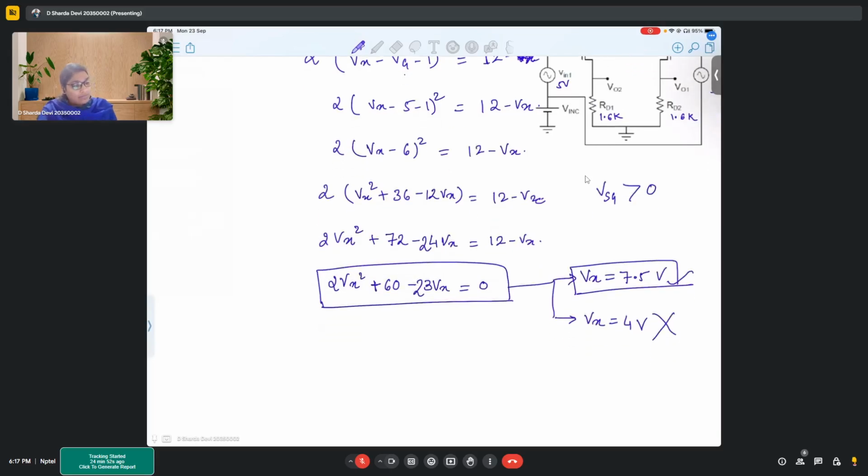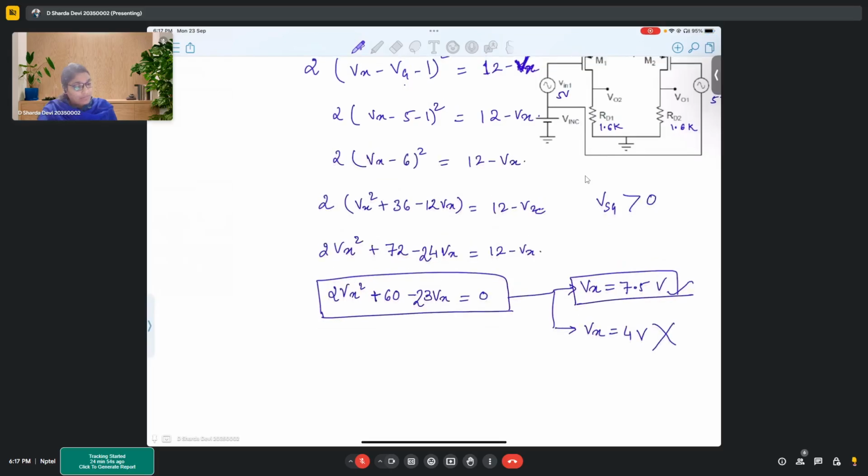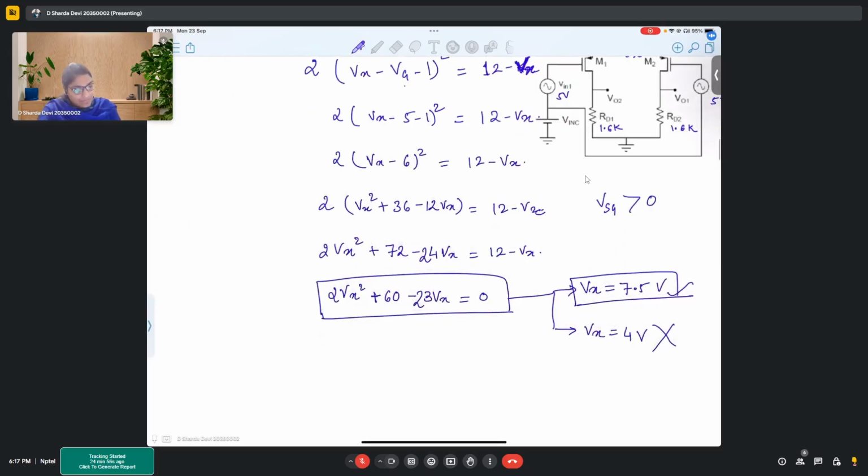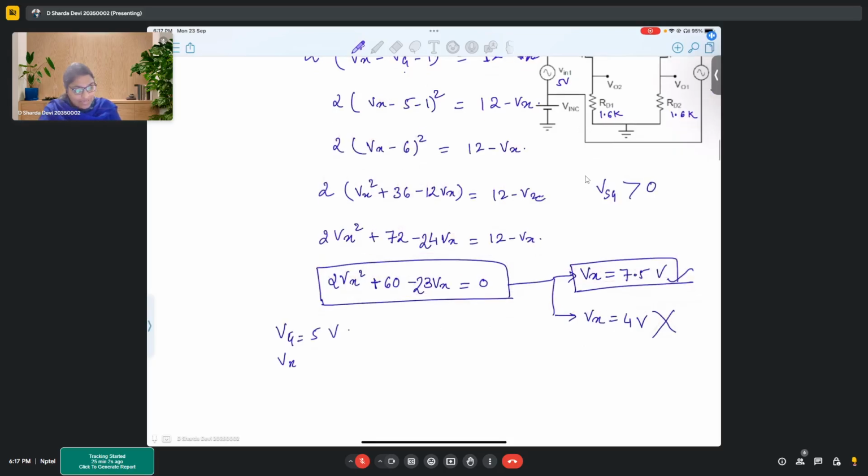Ma'am, can you explain why 4 volts is not considered once again? Yeah, see, your Vg is 5 volts, correct? If Vx is your Vs, which is 4 volts, correct? So in case of PMOS, VSG should be greater than mod of VTHP, correct?